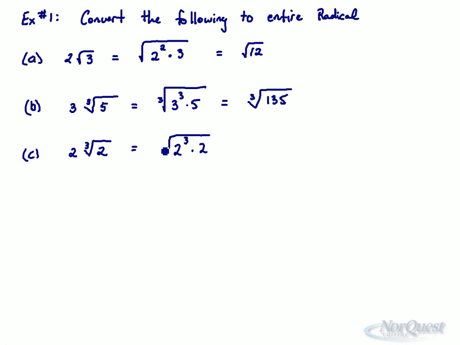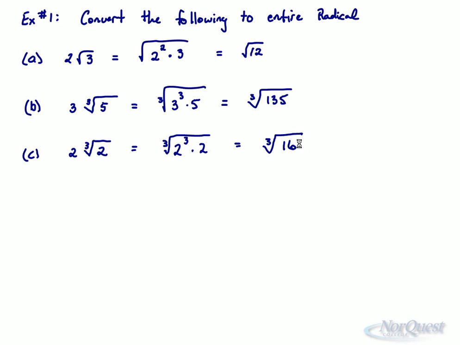We're taking the cube root of it. Well, 2 cubed is 8 times 2 will give us the cube root of 16. So we're going to work with square roots and cube roots in this unit. You're going to get practice at each type. So that's how you change from mixed to entire.